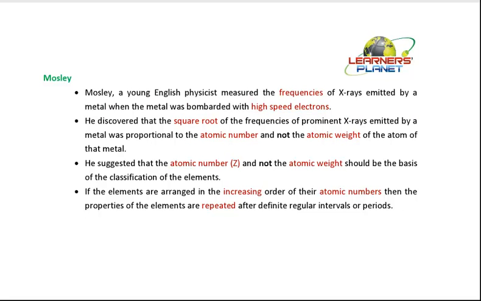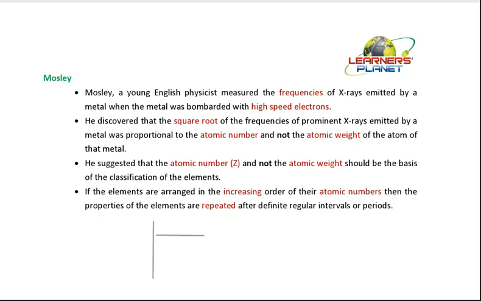Who was Moseley? He was a young English physicist. He measured the frequencies of the X-rays emitted by a metal when the metal was bombarded with high-speed electrons. Say I am taking this metal plate, a metal like sodium which has a single electron in its outermost orbit, and we are bombarding it with fast moving electrons.